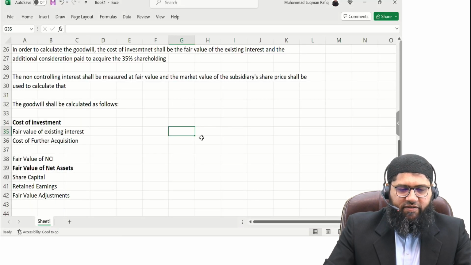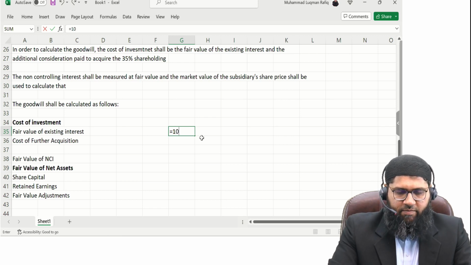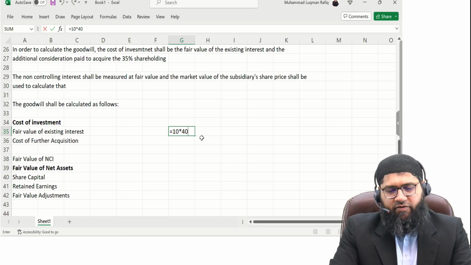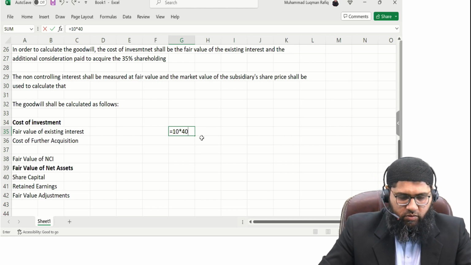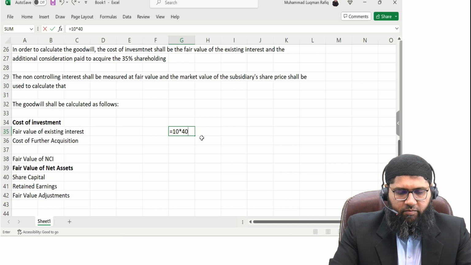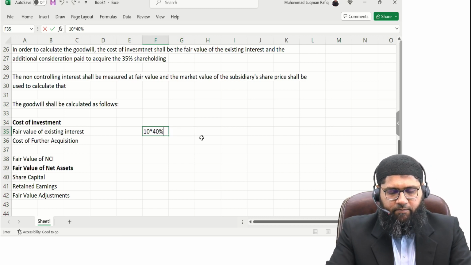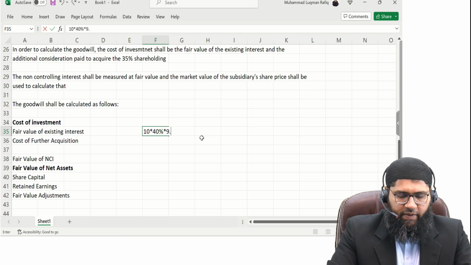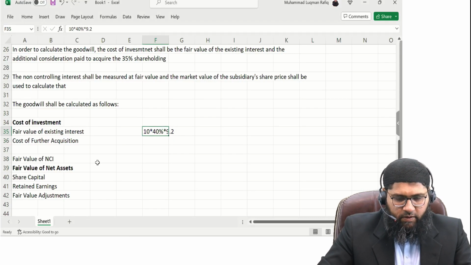So this is going to be 10 million shares multiplied by 40%, because that's the existing shareholding, multiplied by 9.2. Is that what it is? 9.2, right?